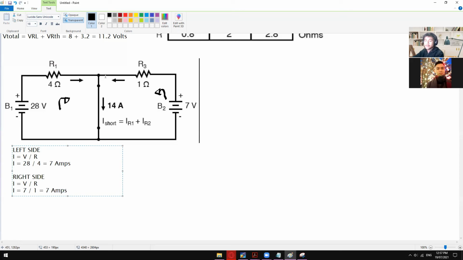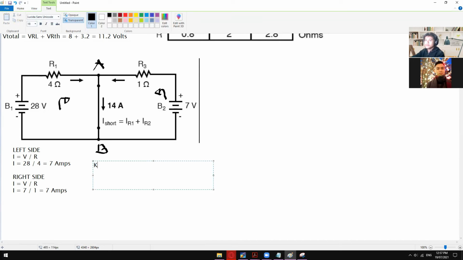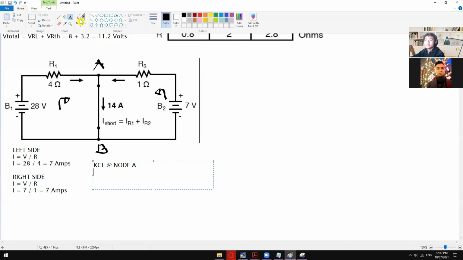Then let's apply KCL on this node A, and let's say this is our node B. KCL at node A: let's say this is I1, this is I3, and this is I2.